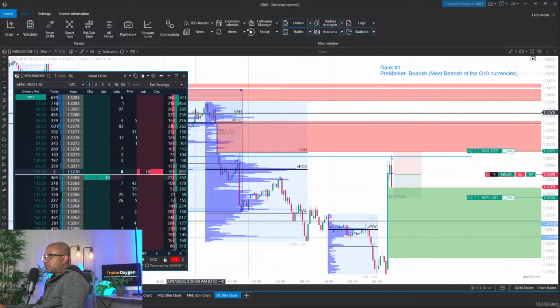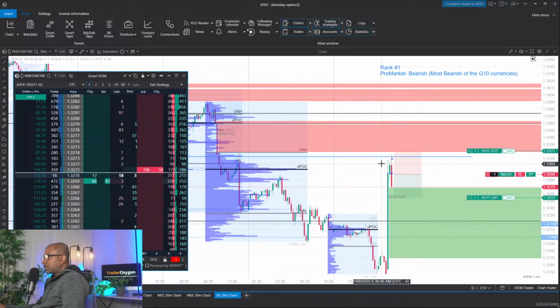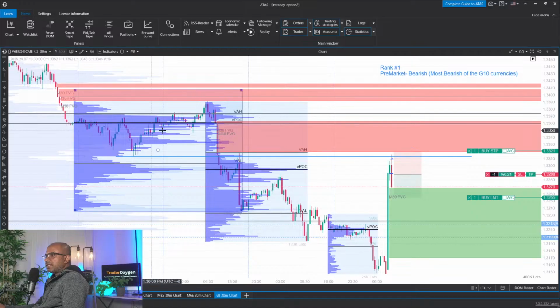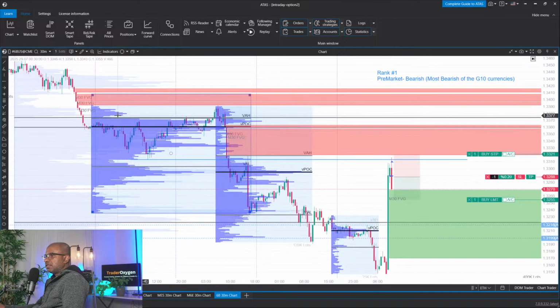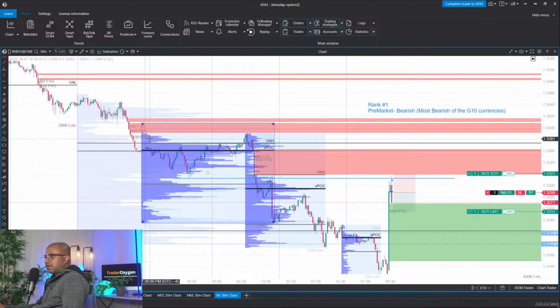The price was pushing up, but then we saw a lot of absorption happening at this price area, and after that the price started strongly pushing down. Also looking at this price action over here, you can see the price almost came all the way here after the news.